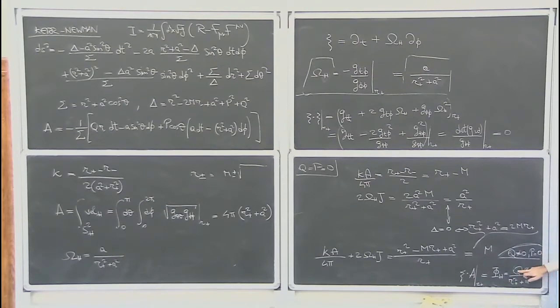So again, it is controlled by q. If q is 0, the electrostatic potential goes to 0. And once you have found this, you can check the Smarr relation, including the contribution from the electromagnetic field.